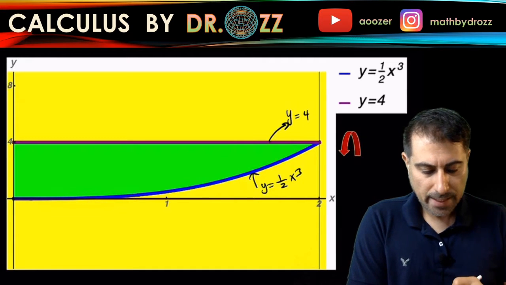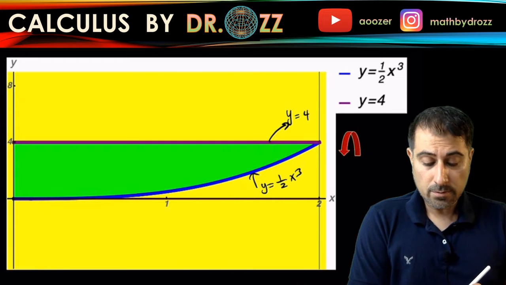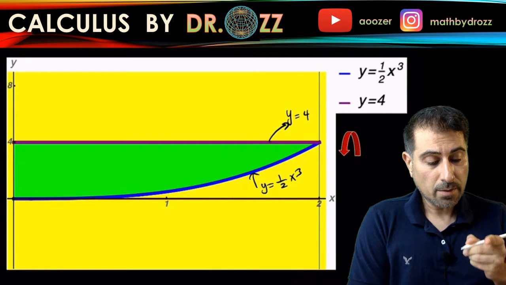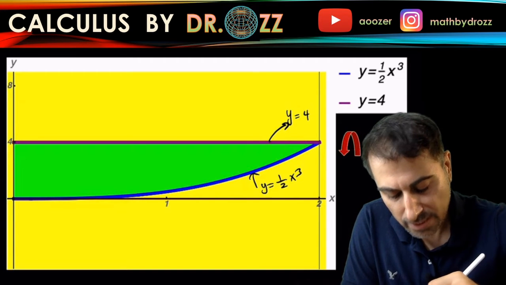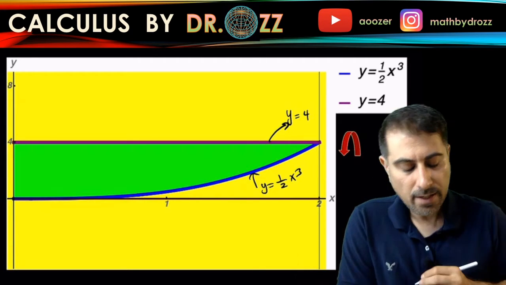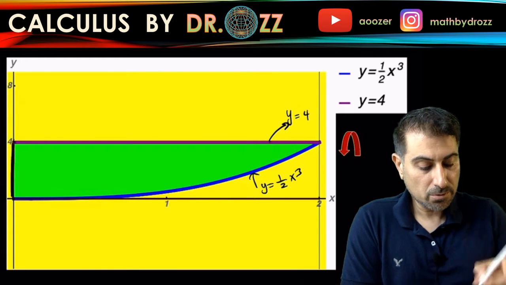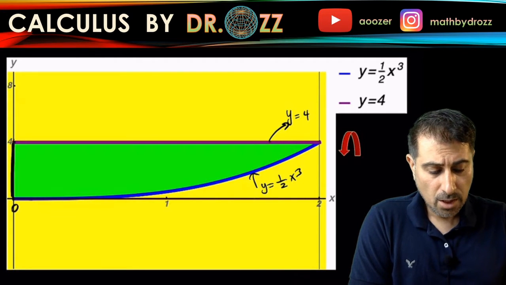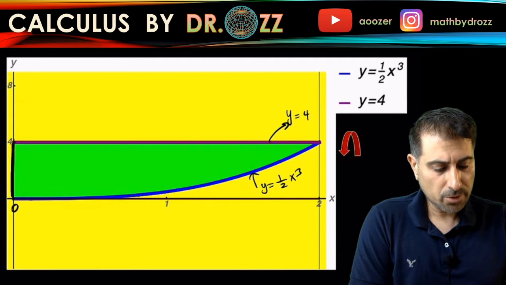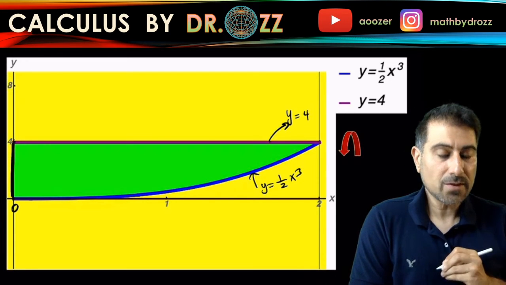Why do I have the green region here? Because in the question statement, the region is bounded by the blue curve, the purple line, and the y-axis. Here we go, this is my y-axis. That's why x ranges from 0 to 2 within the region. We are going to revolve the region about y equals 4, but we should also find this intersection point.